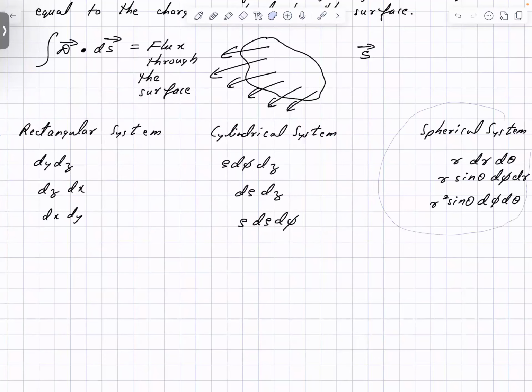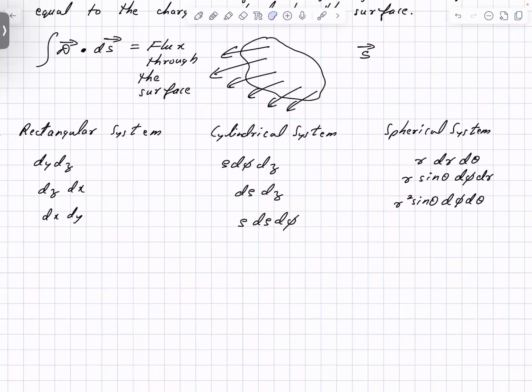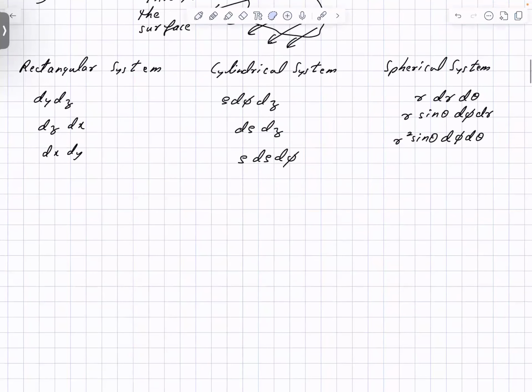Now, in this chapter, we are going to make them vectors. That means we are also going to assign directions to them. When we talk about the rectangular system, the surface where y and z vary, but x is constant, it's easy to draw. So let me do that.